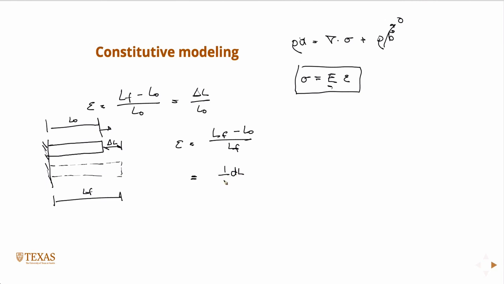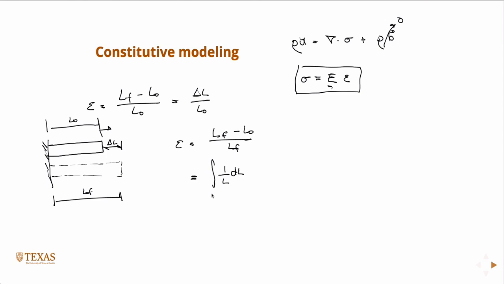So I want to divide by the instantaneous length, l. Now we're talking about a continuous deformation. So the change in length, the numerator, is dl, like a differential change in length, right? And then I'm going to integrate over the entire deformation process. Is that a valid definition of strain?